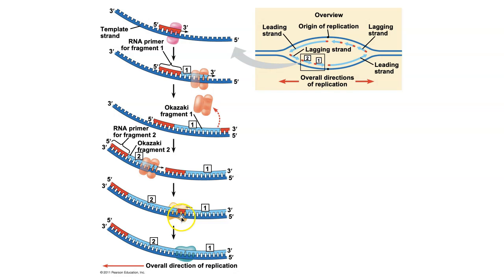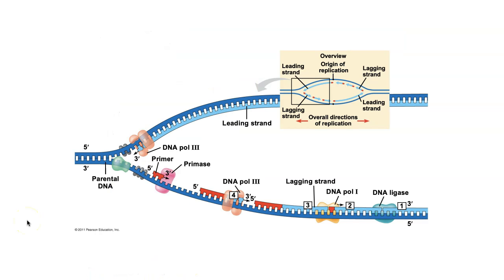We can't have RNA in our DNA strand. DNA polymerase 1 is removing the red RNA primer pieces, and once they are removed and replaced with DNA, DNA ligase, this green enzyme, comes and glues these two together. It ligates them. This is the entire process.